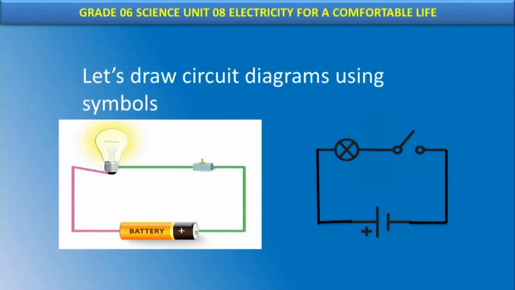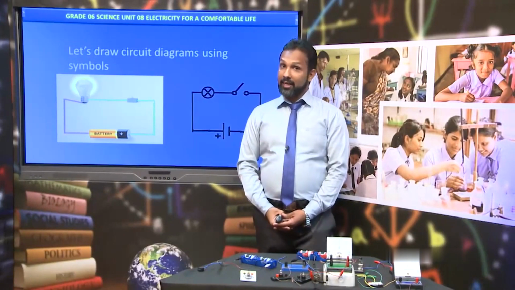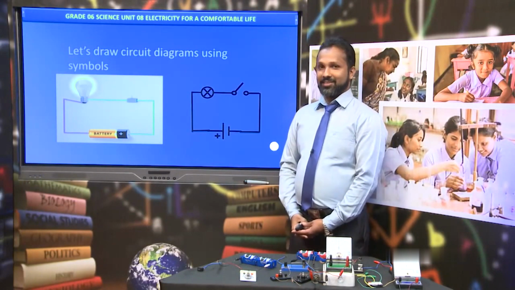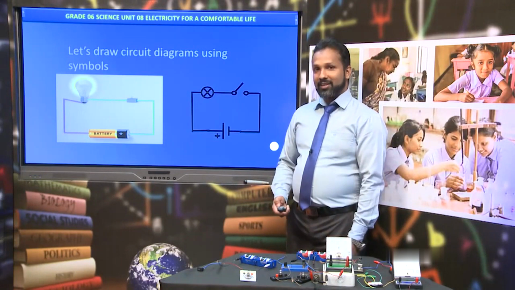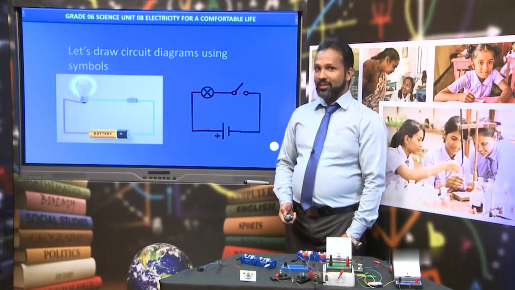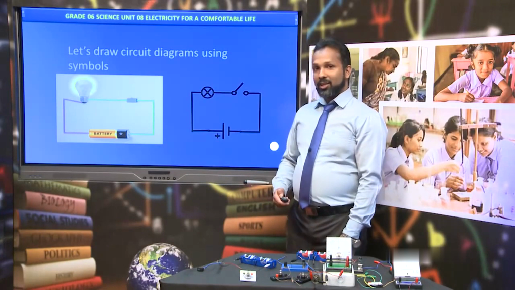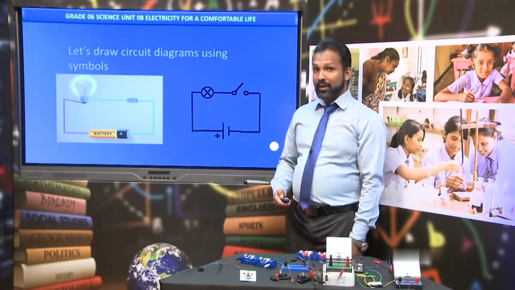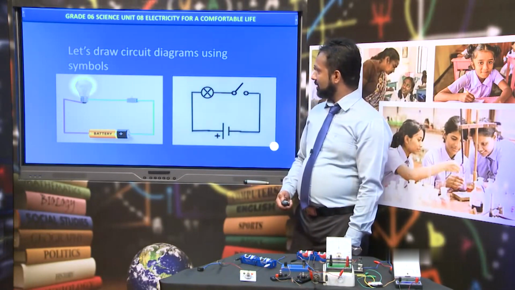You have to draw the circuit diagram of the circuit given in this picture. This consists of a bulb, connecting wire, a dry cell, and a switch. Try to draw the circuit diagram. Right. I am sure you all have drawn. It's very simple. Your circuit diagram should be like this.